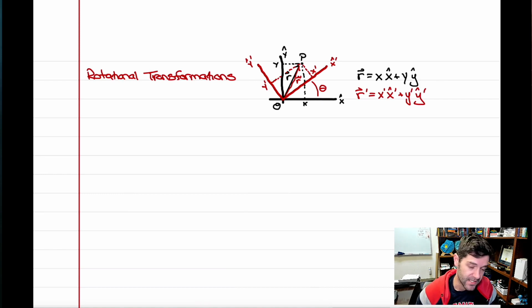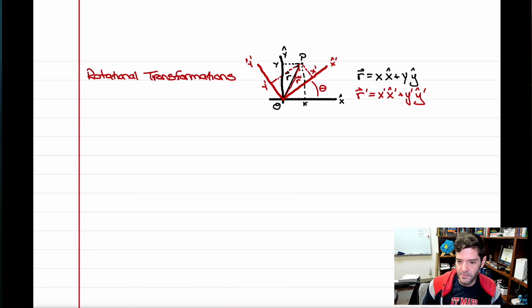And now the question is, if I knew the position x and y according to the black axes, and I knew that I was rotating the axes by a certain angle, theta, how can I then compute the positions x dash and y dash in the red axes, which notice are different? It looks like, going from black to red, the value of going from x to x dash gets larger, while the value of going from y to y dash gets smaller.